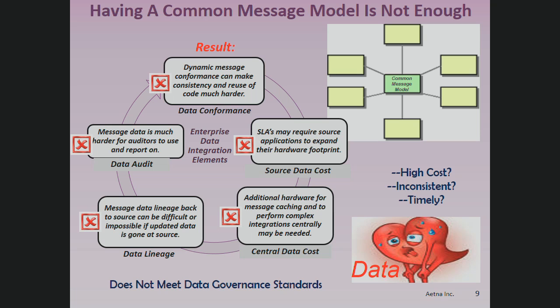And then the central data cost. If you're doing some conformance here to this model to make it work before you start moving data to other applications, that's got to be done in the central service bus area. And that can weigh down the cost of this central area itself. Generally, Aetna would look at this and say, this really doesn't meet the standards we need, which are fairly absolute when it comes to data governance, which we talked about some of the elements of that.